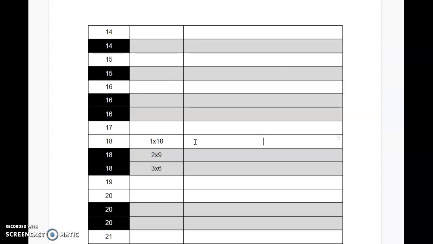Instead of writing 1 plus 1 plus 1 till we get to 18, what could we write instead? Show a connection if this is what you're thinking. That's good thinking. 1 times 18 equals 18. We're seeing that one row of 18 just one time to show our 18 tiles. Let's fill that in and look at our next one.